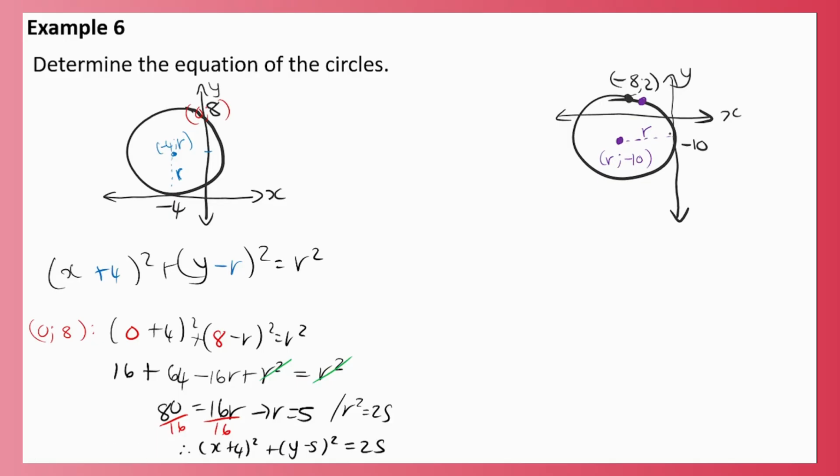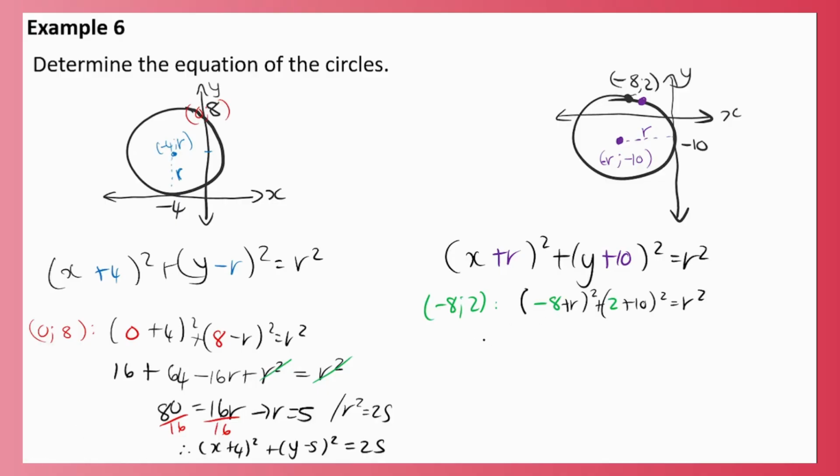But do we see it's on the negative side now? So radius is always positive, so we need to add a minus in front, and then we can go from there. Similar to this one, we substitute what we have. We have plus r here because it's negative there, and plus 10, and then again you substitute in your point, and then you multiply out what you have.